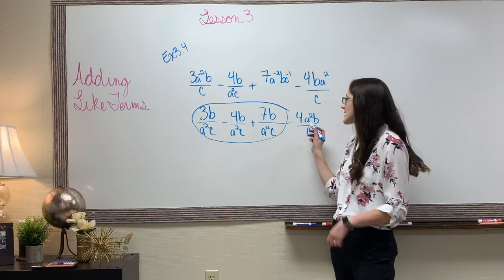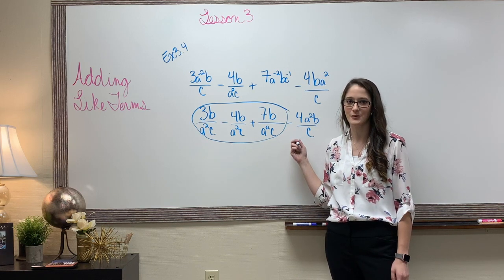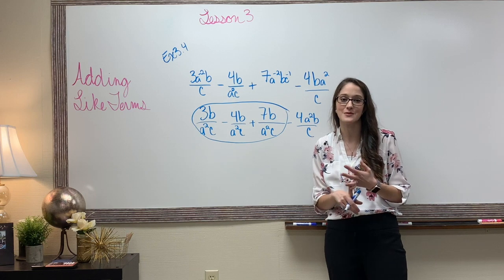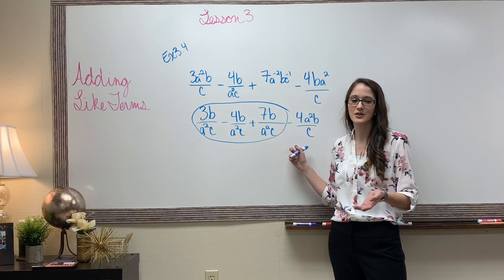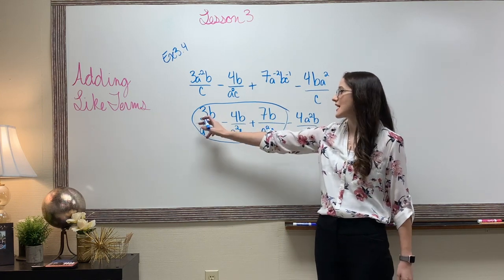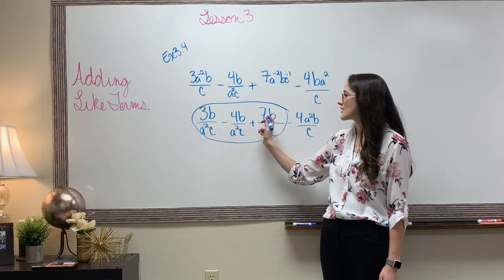It's a little different. A squared is in the numerator. Therefore, this is not a like term because the a squared, yes, it has the same letter and the same exponent, but it's not in the same location. If it was in the denominator, then it would be fine, but it's in the numerator, so it's not a like term. So we're only going to add the numbers in front of these first three. So we have 3 minus 4 plus 7.